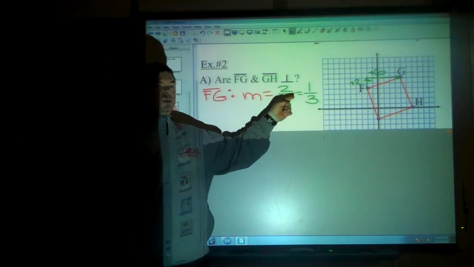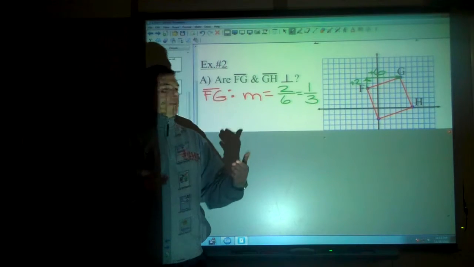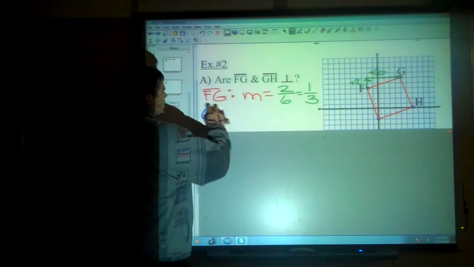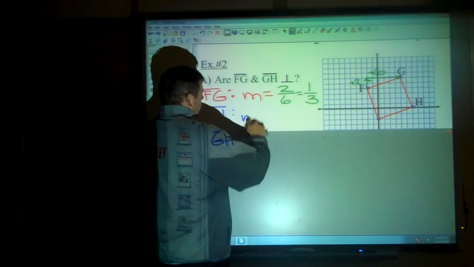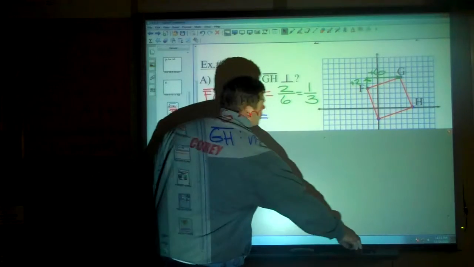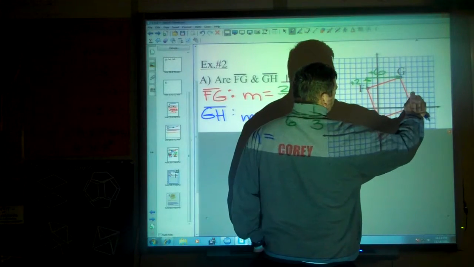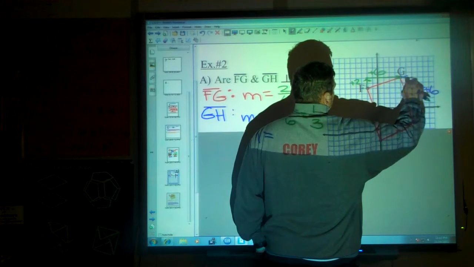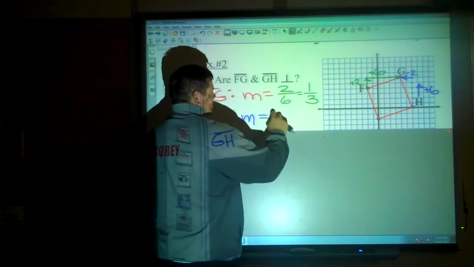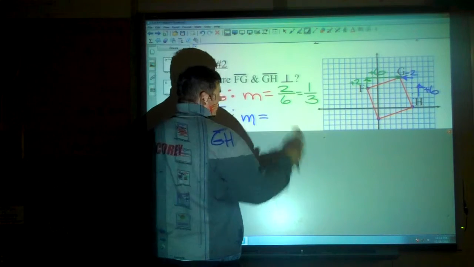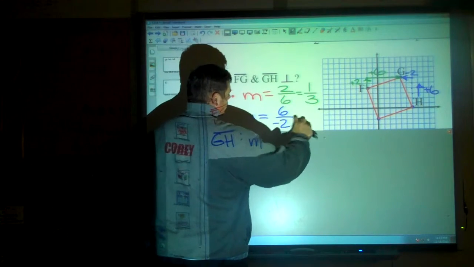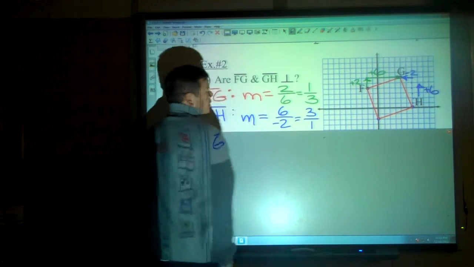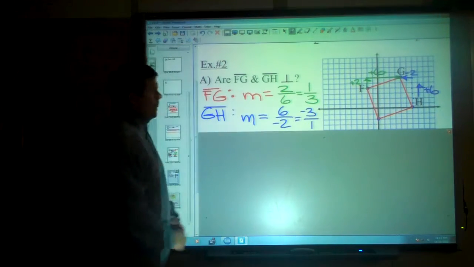Now, in order for it to be perpendicular, it's got to be the reciprocal and the opposite. So let's look at G to H. G to H has a slope. This time it goes up 1, 2, 3, 4, 5, 6. So it goes up 6, and it goes left 2, which would be negative 3 over 1.